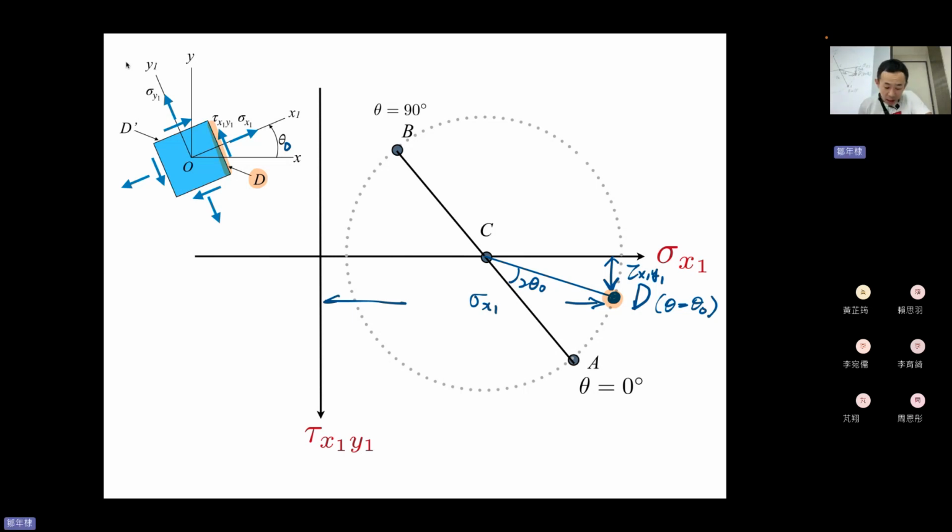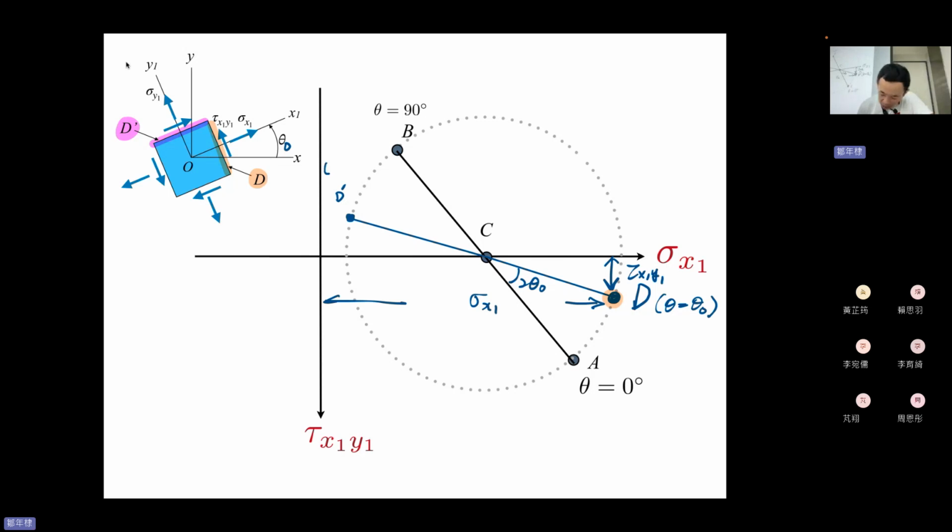Then, interestingly, if you set this, we call it D' plane. Okay, we call it D' plane. D' plane is 90-degree rotated from the brown plane D. So in the circle, it will naturally rotate 180 degrees. So this is D' plane.